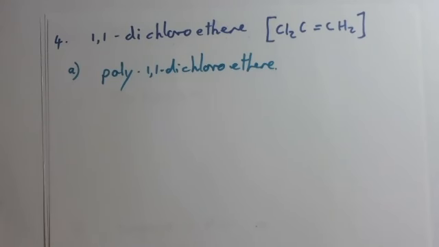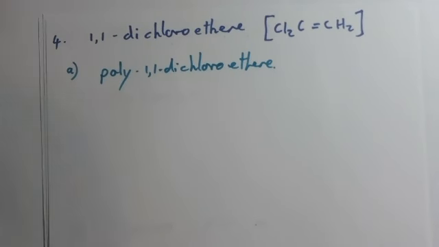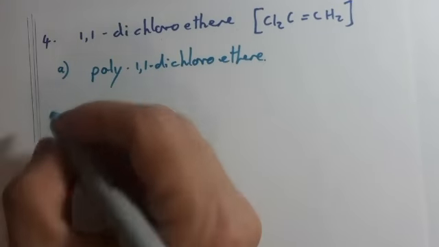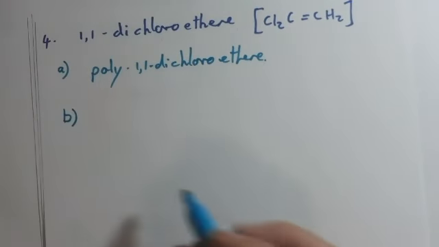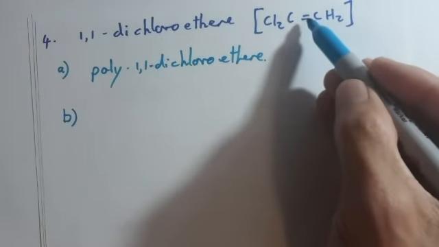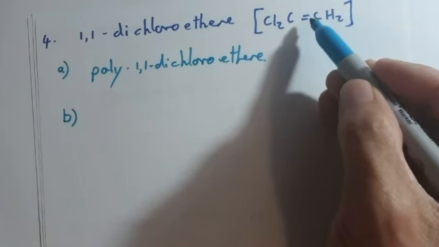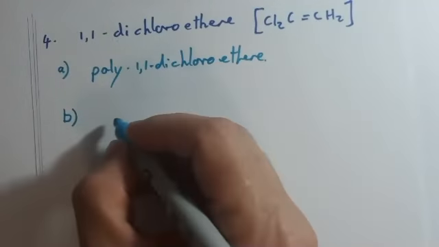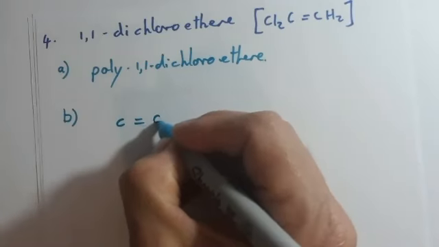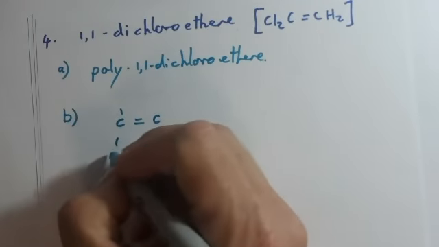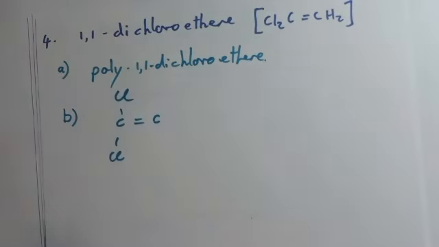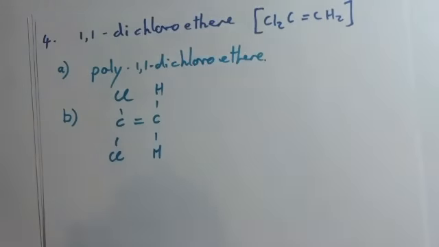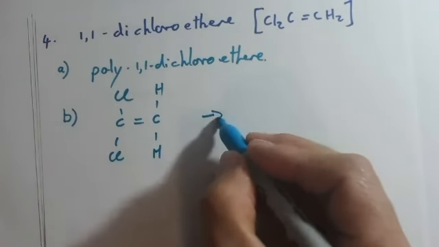B, they say write the structure now of a segment. And let's do that. We did it in the previous question number 2 as well. Remember what happens? It's my double bond that breaks. So if I draw just this part again, it's my carbon, double bond carbon. We have 2 chlorines there, and I have 2 hydrogens. What's going to happen?